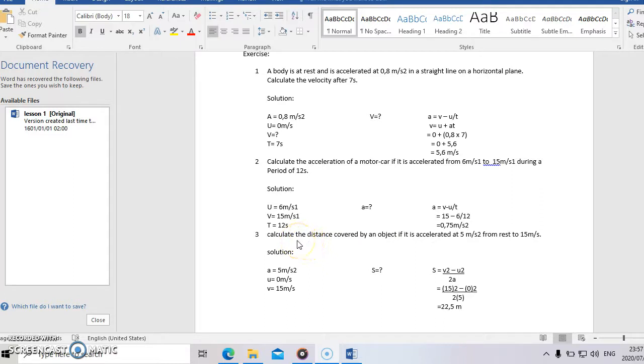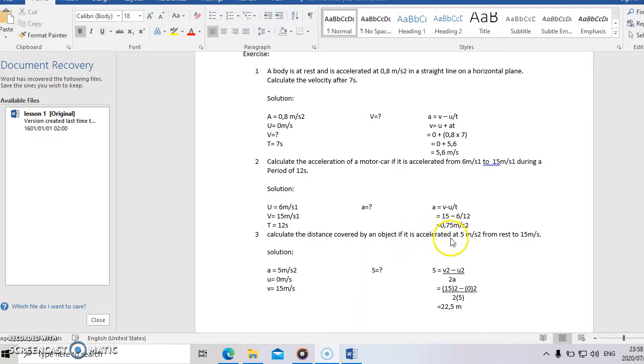Going to the next question. I hope you understand very well. It's quite easy. They said calculate the distance covered by an object if it is accelerated at 5 meters per second squared from rest to 15 meters per second. Okay, there we go. What is given?